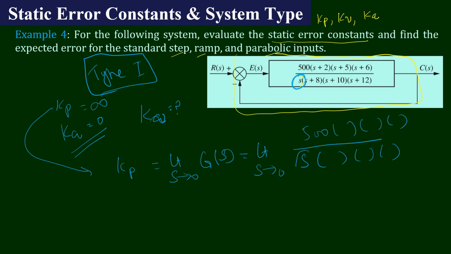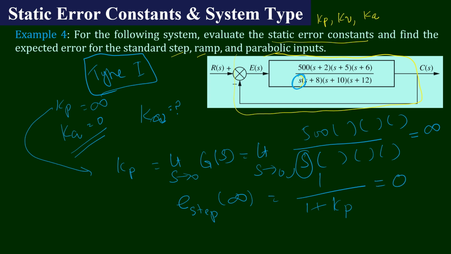Because s tends to 0, this whole thing will be equal to infinity. Now for the step input, what will be the steady state error? We studied previously that e_ss(infinity) is equal to 1 over 1 plus Kp, so this will be equal to 0.